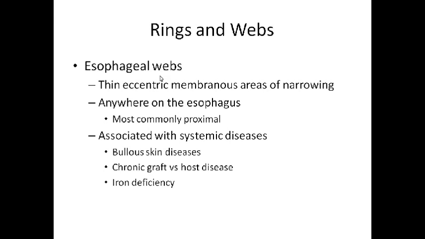Chronic graft versus host disease, but probably most commonly with very advanced iron deficiency. There's actually a syndrome called Plummer-Vinson syndrome, where very advanced iron deficiency can cause esophageal webs, and that obviously will have to have some sort of surgical intervention.